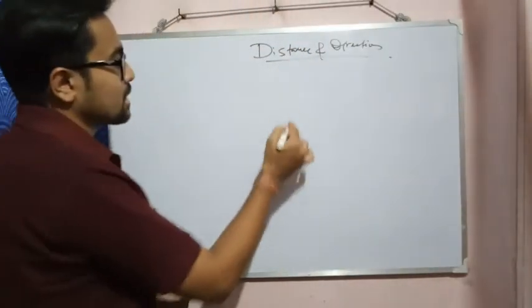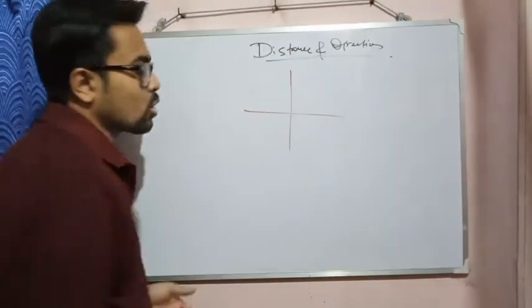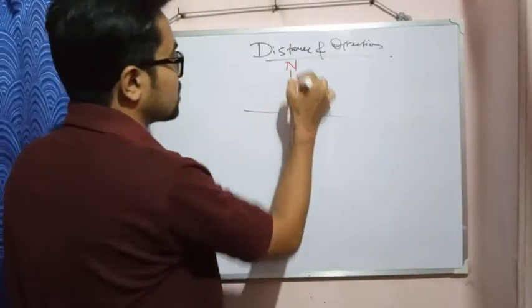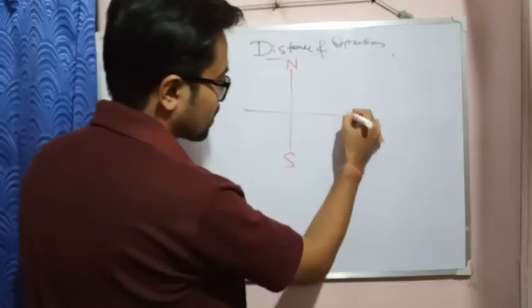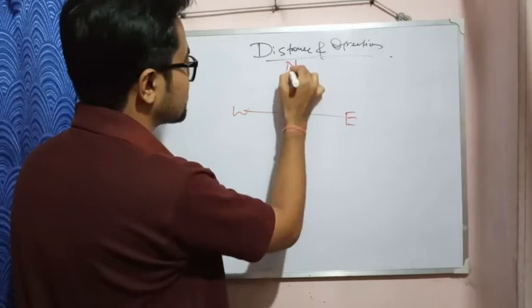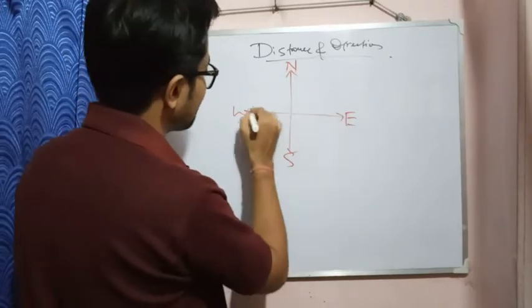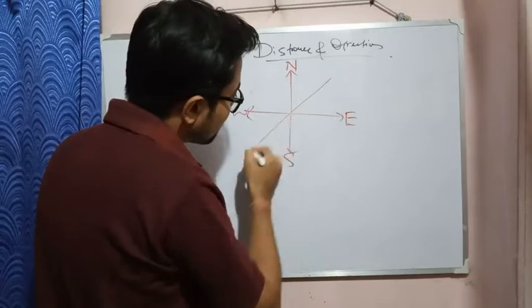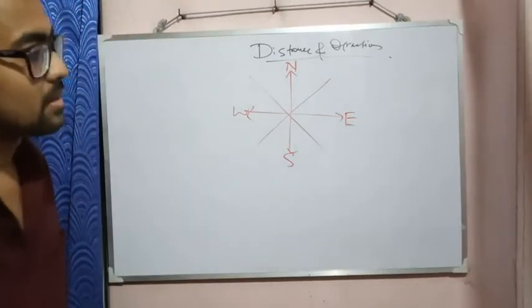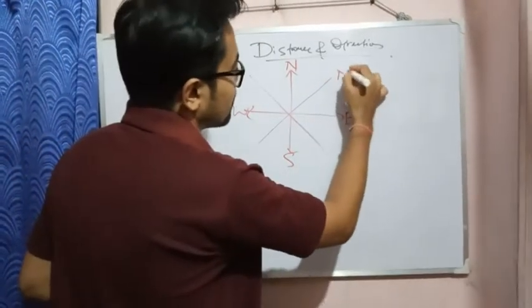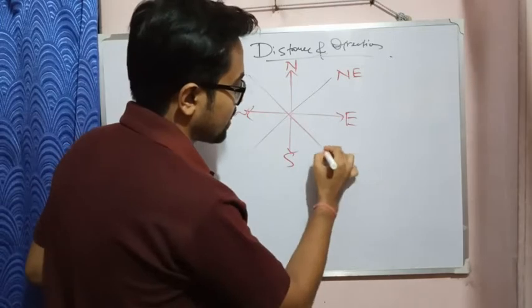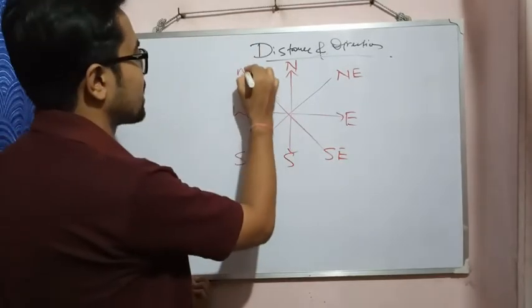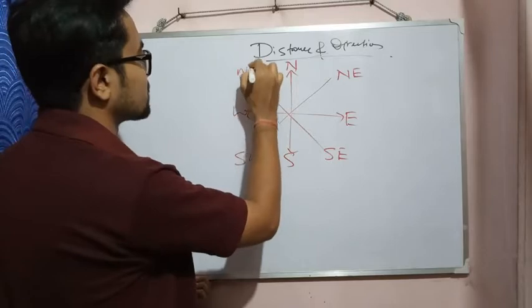In case of distance and direction, we all know that there are four quadrants. North opposite south, east opposite west. Is it clear to each and everyone? Here it is northeast, here it is southeast, here it is southwest, here it is northwest.